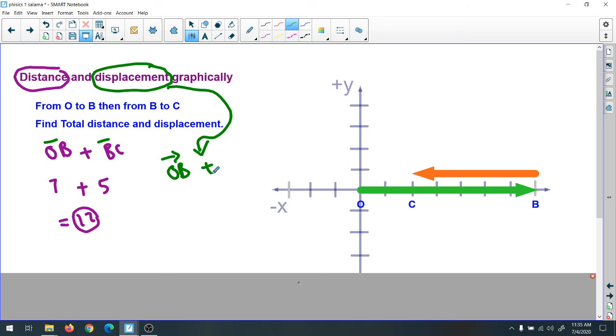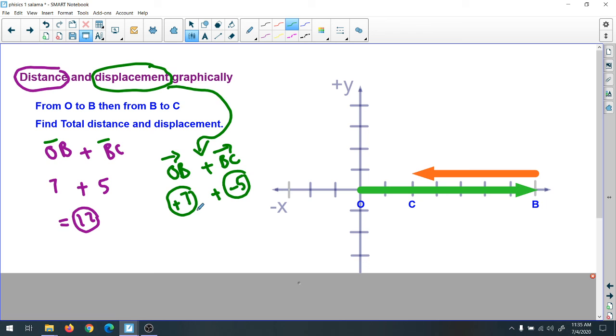From O to B and then from B to C. From O to B, it's towards the positive direction, and it's 1, 2, 3, 4, 5, 6, 7. It is positive 7. You could put it as 7, but I prefer to mention the sign. And then from B to C, 0, 1, 2, 3, 4, 5, it's negative 5.